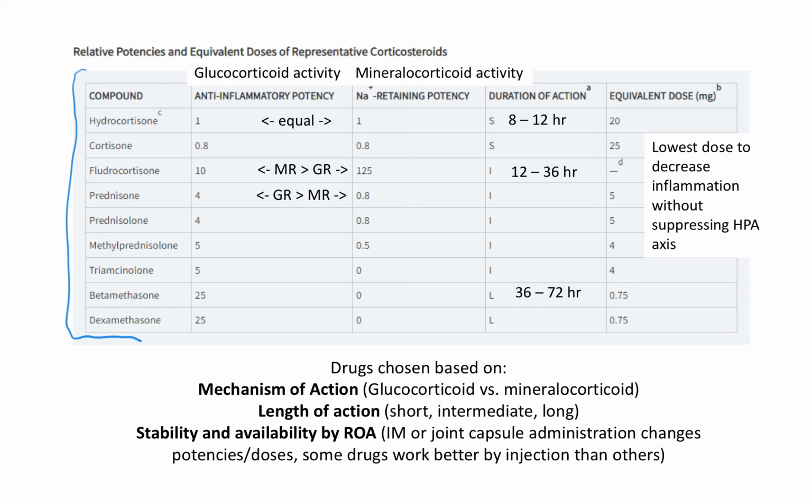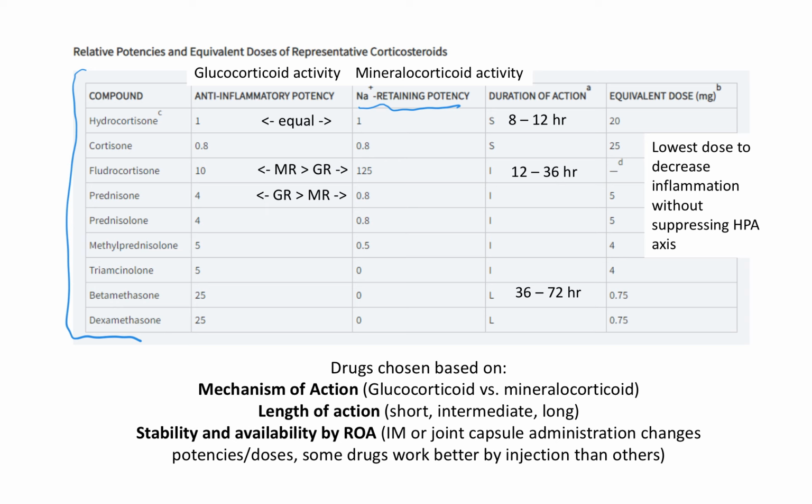The main reason we would give something that's glucocorticoid is for its anti-inflammatory properties, whereas with a mineralocorticoid, we would want to look at its ability to retain sodium, which is what aldosterone naturally does.